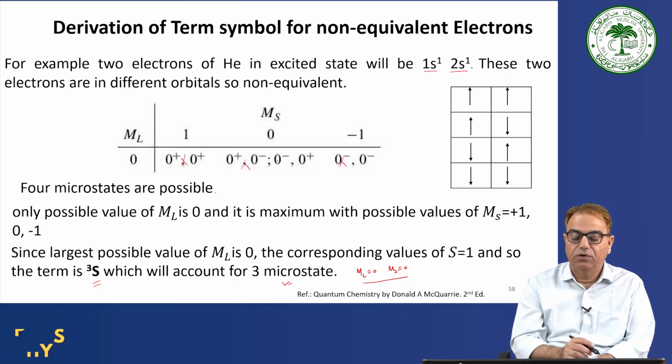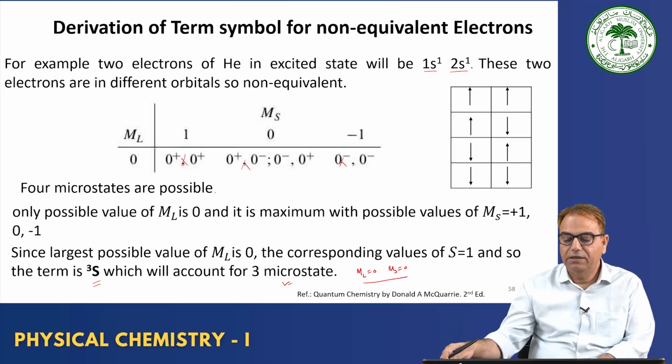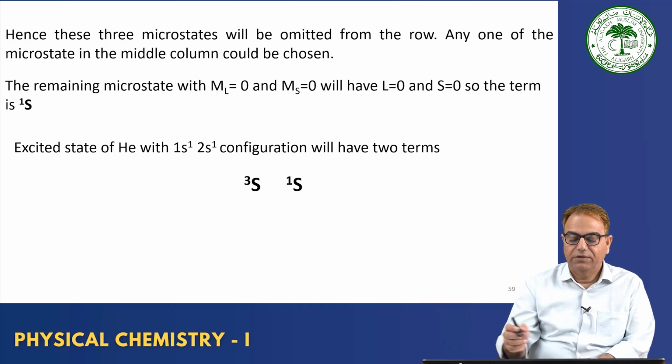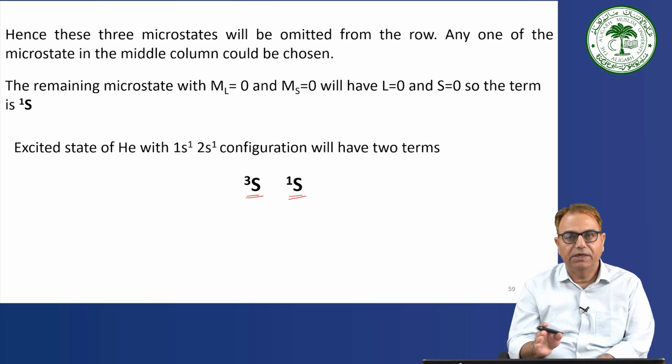Any one of these will go. So what will remain is 0 and 0. And so the other term will be singlet S, as I did earlier for the p2 case. So you have 2 terms, triplet S and singlet S, for the non-equivalent electrons of a helium atom if it is excited to 2s1. So it becomes 1s1 and 2s1. Then you can write it like this.